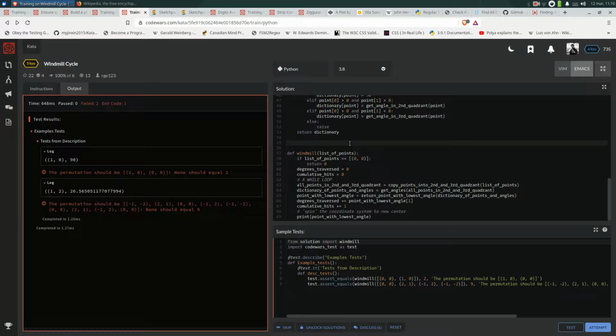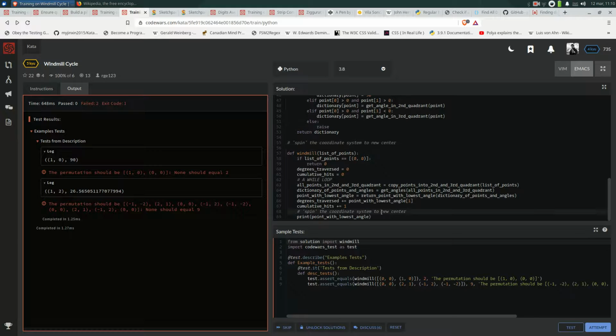And here we just say, what do we return? Spin the coordinate system to new center.